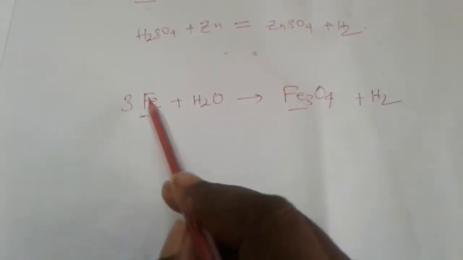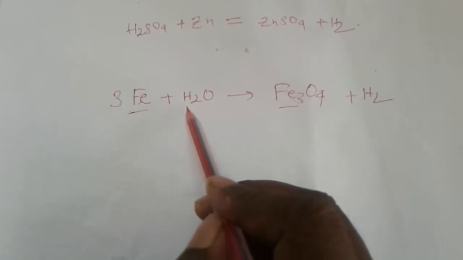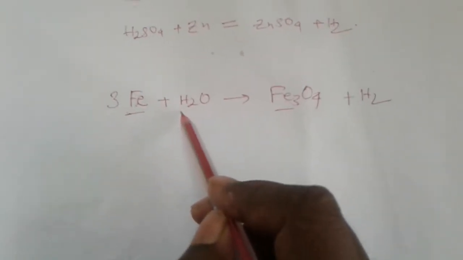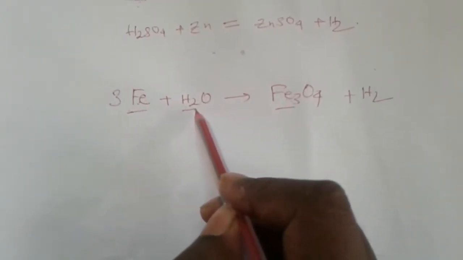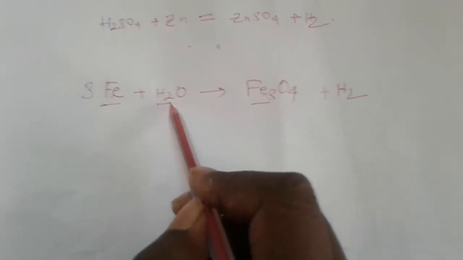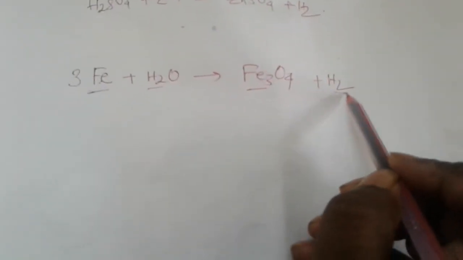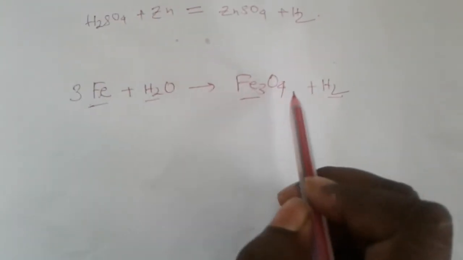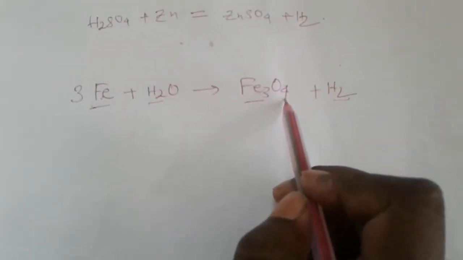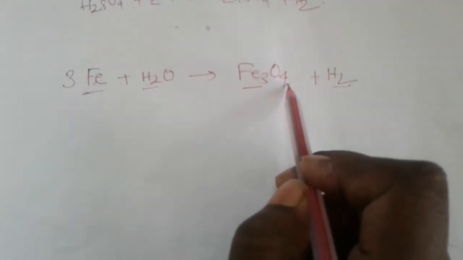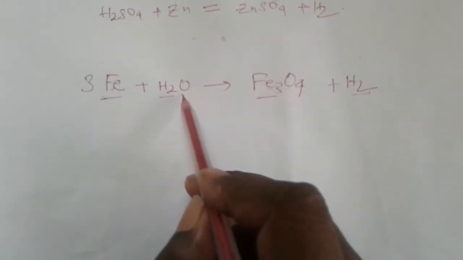After equalizing the iron, now let us come to the hydrogen. How many hydrogen atoms are there? In the reactant side 2 hydrogen, and in the product side also 2 hydrogen. But oxygen, if we consider, here only 4 oxygen atoms are there, but on the other side 1 oxygen.